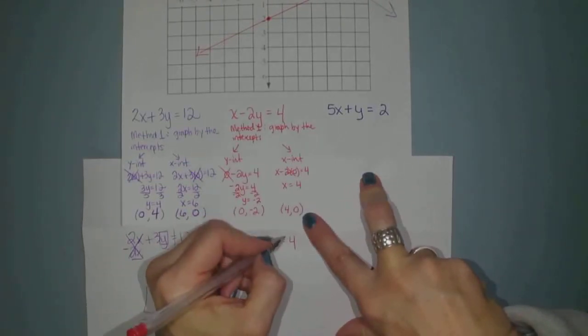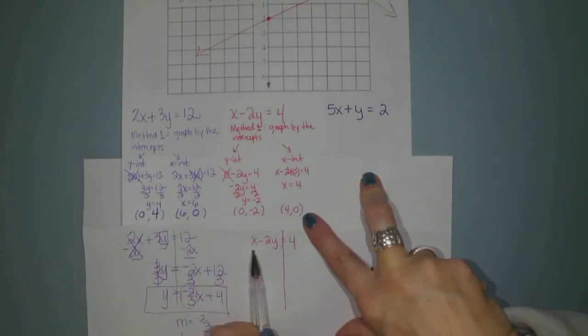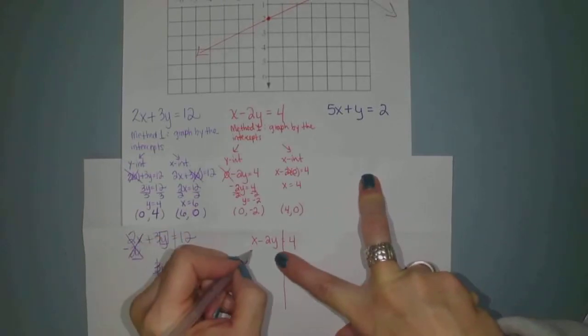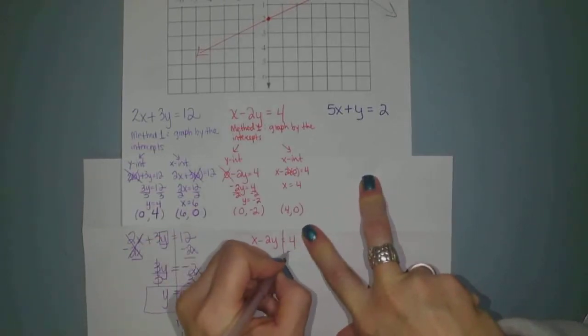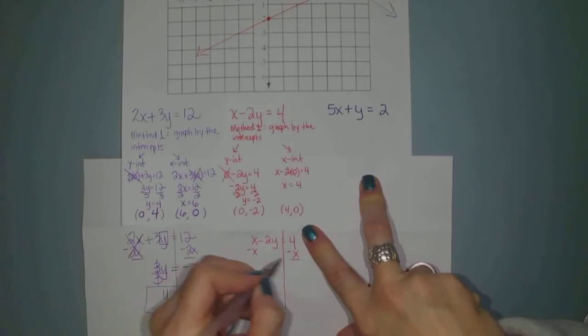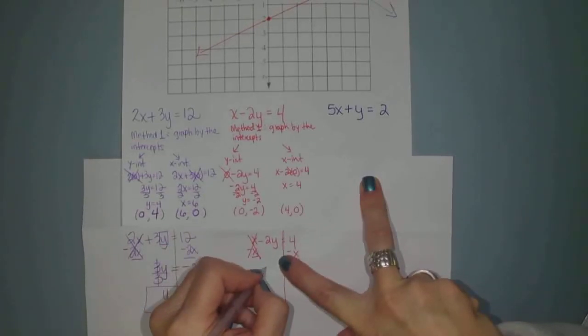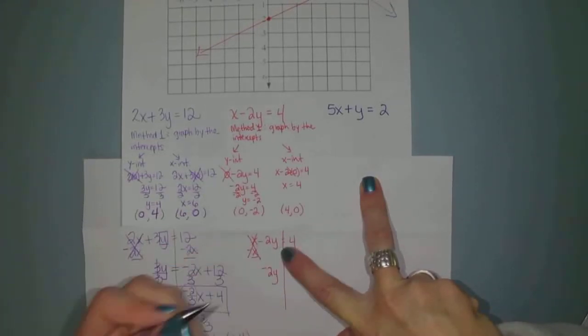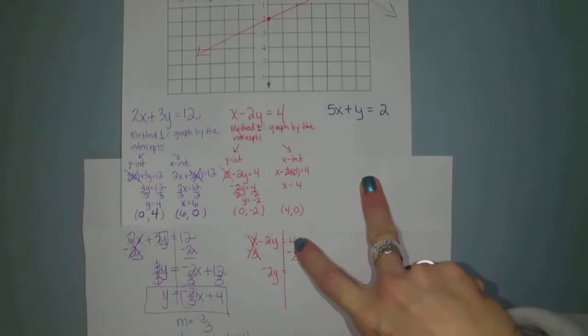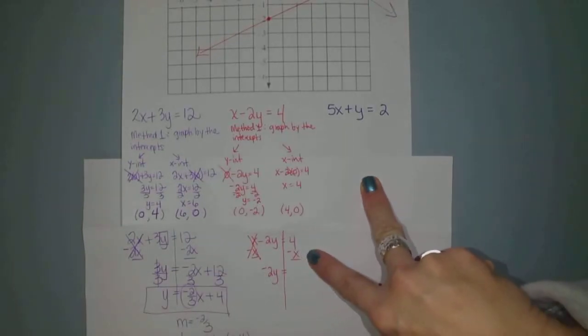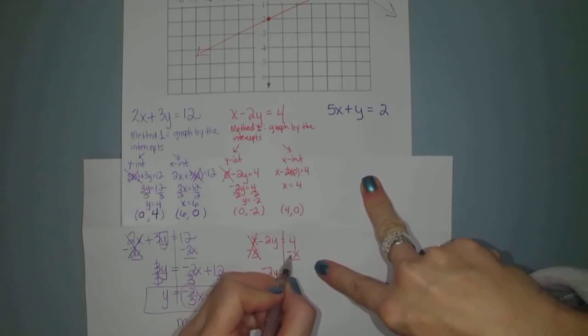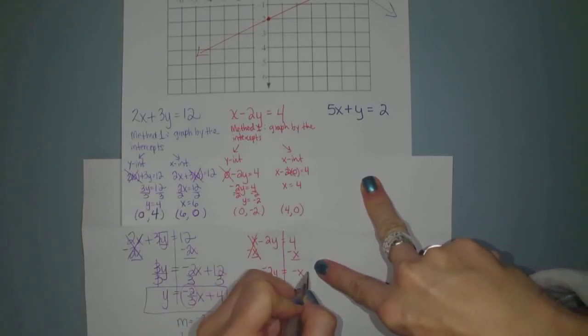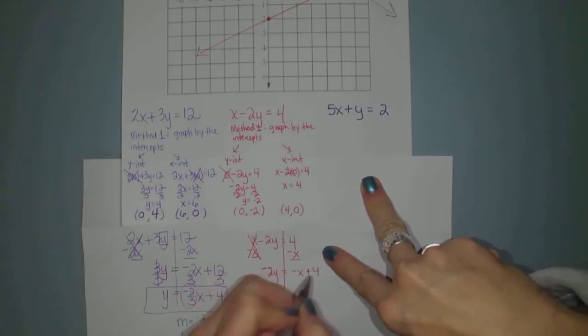So if we're going to solve for y, we're going to have to minus the x from both sides. So minus x, cancel, bring down the negative 2y, don't lose the negative, equals. Now remember, I want to put the x first. So negative x with a positive 4 on the back.